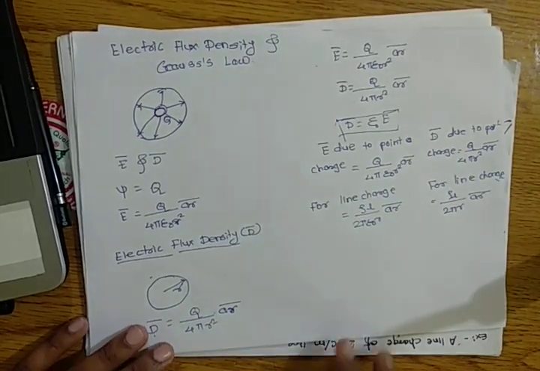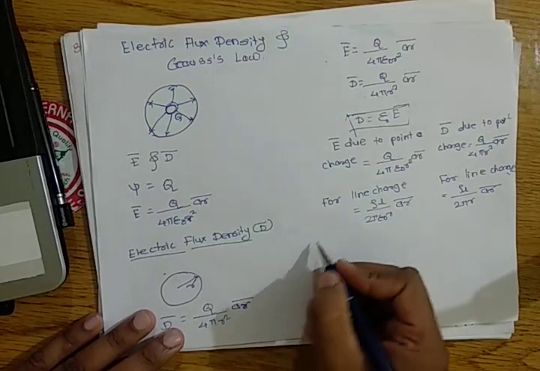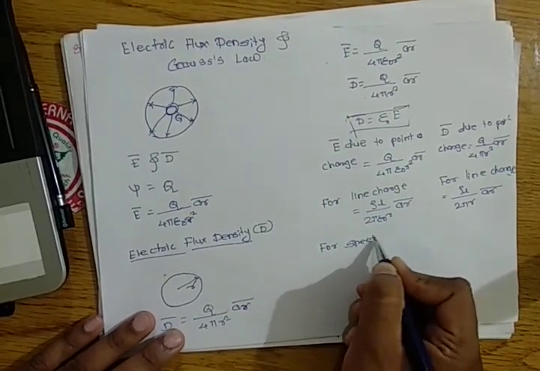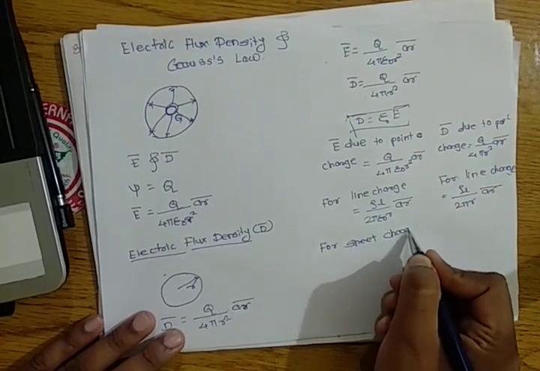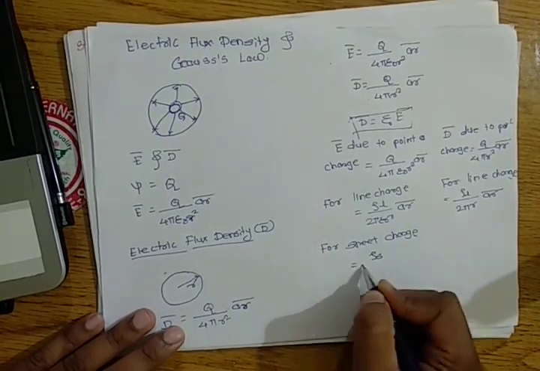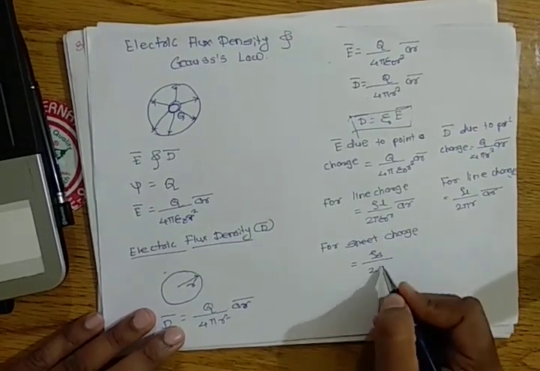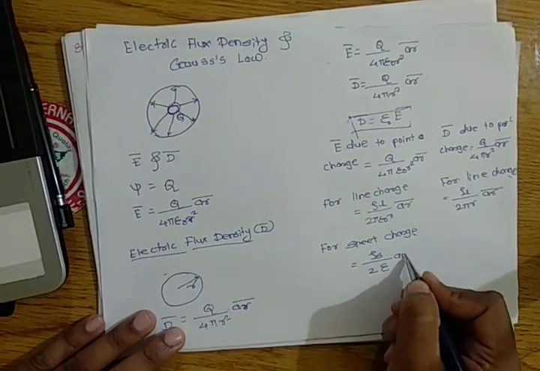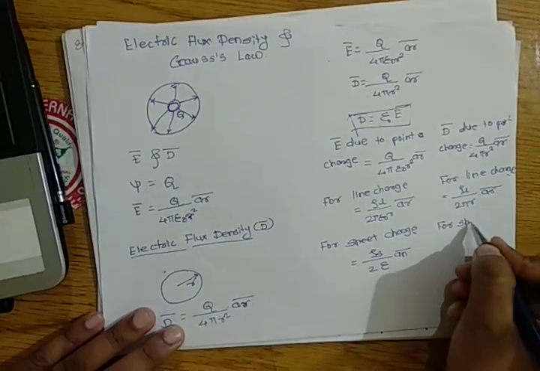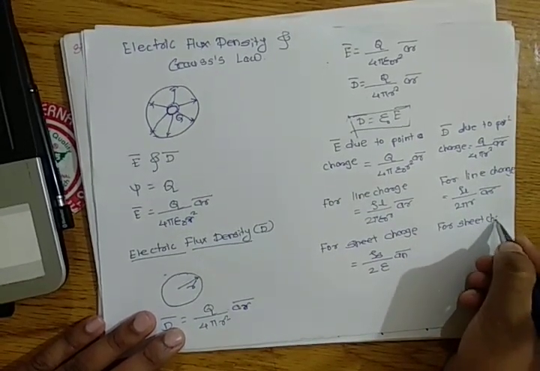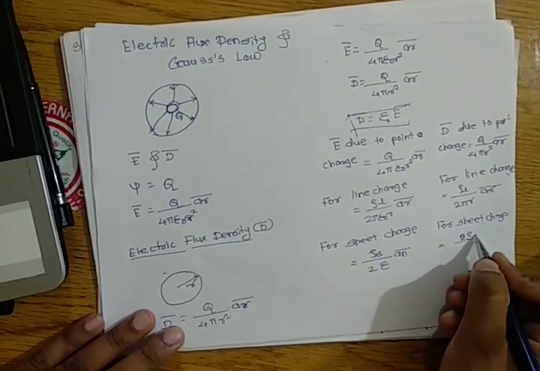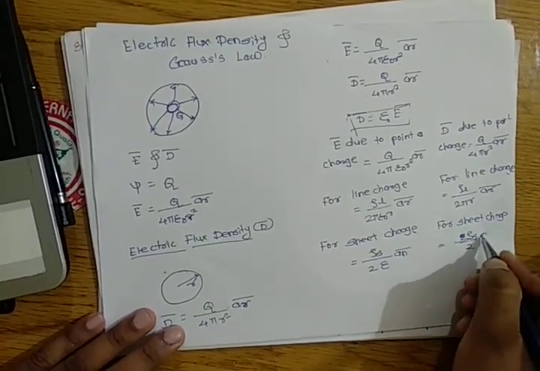Okay. Now next part is for sheet charge. For sheet charge, it is rho s divided by 2 epsilon 0, a n bar. Similarly, for D bar, rho s divided by 2, a n bar.